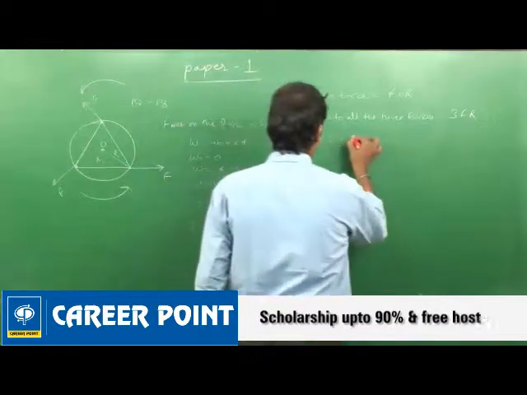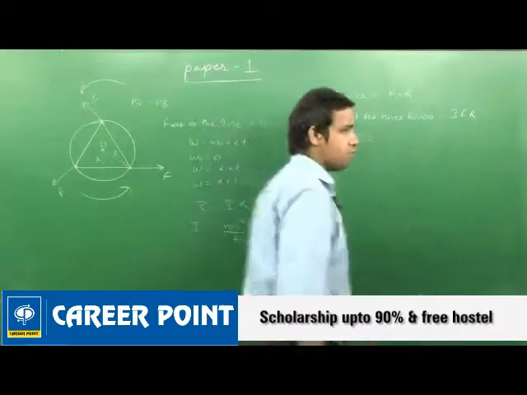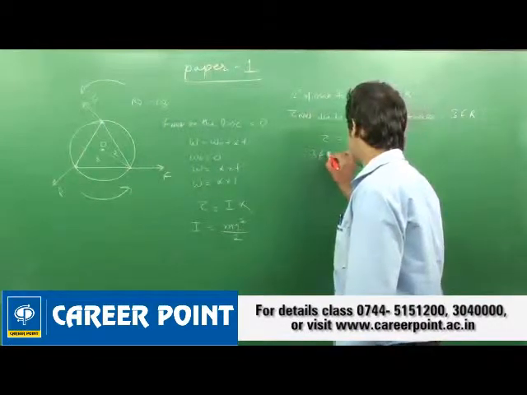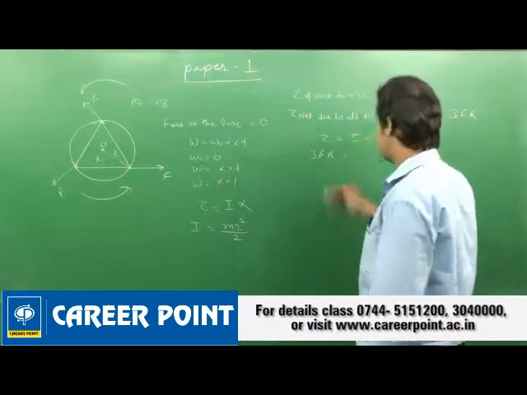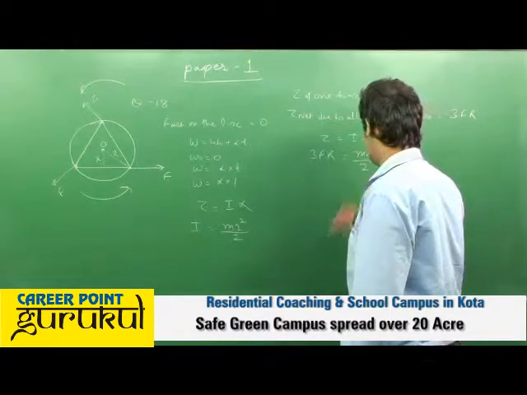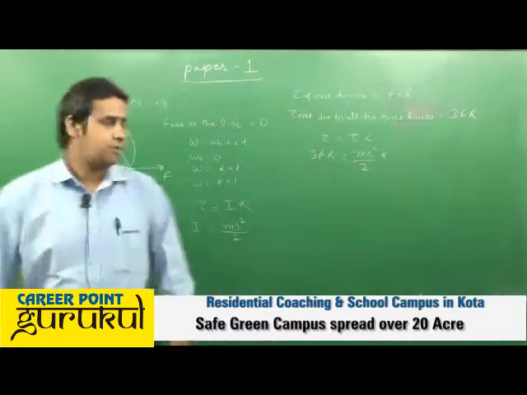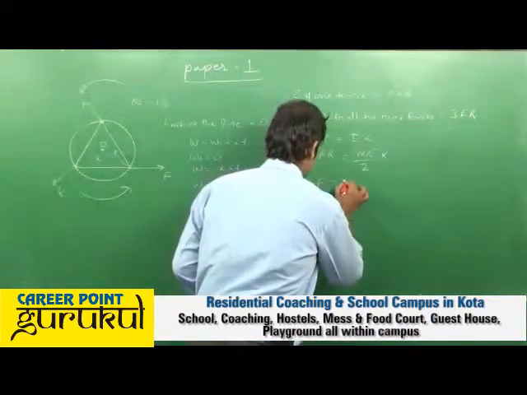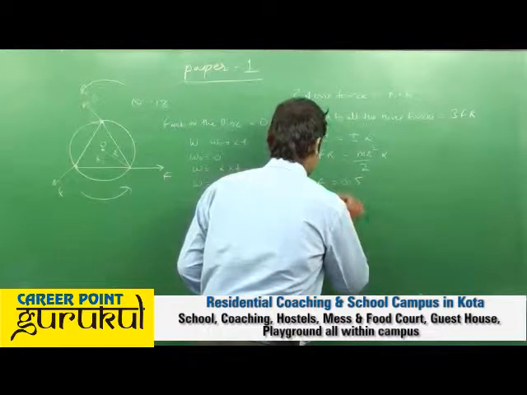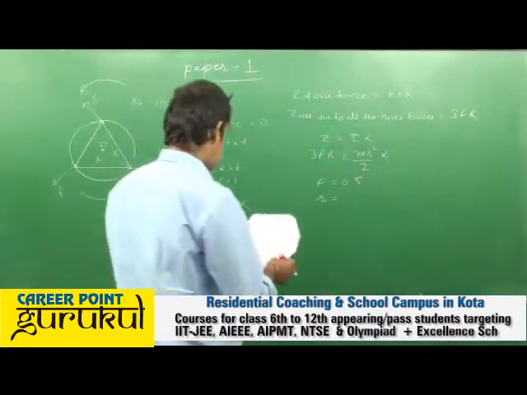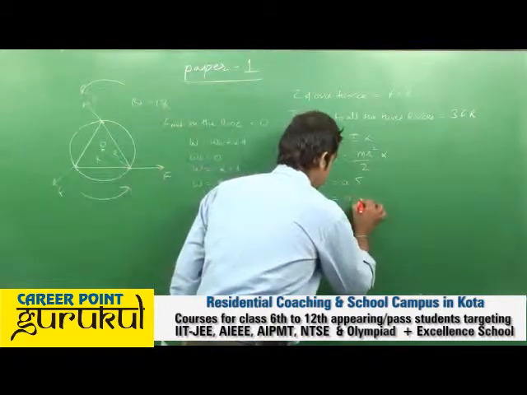Now this torque we will put here, I we will put here, and we will calculate alpha. So torque is equal to I alpha. For torque you put 3FR. What is I? I is m r square by 2, and this is alpha. If you put all the values, F is 0.5, and small r is the radius of the disc, which according to the examiner is 0.5.